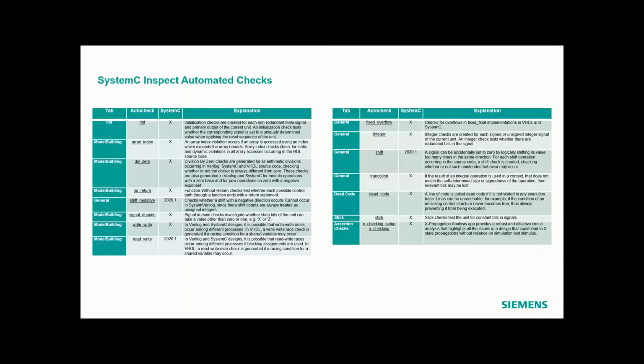Okay. I will not go into too much detail about all these checks that we have, but just to give an overview of what is supported in OneSpin, with an explanation of each of these categories.